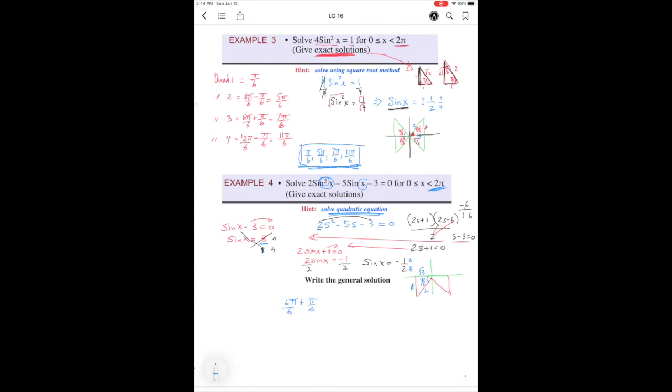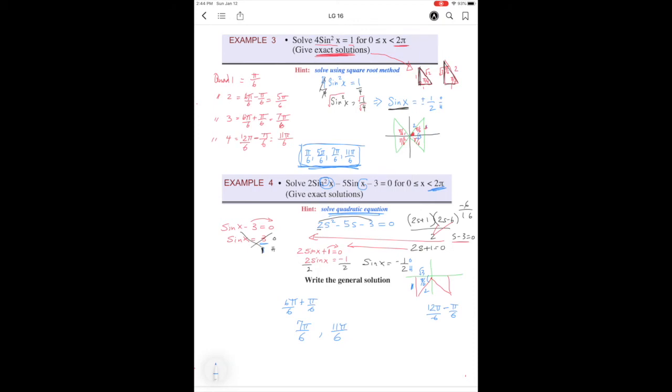So I'll make that 6. So it's 7 pi over 6. And in quadrant 4, it's going to be 2 pi subtract pi over 6. And that is 11 pi over 6.